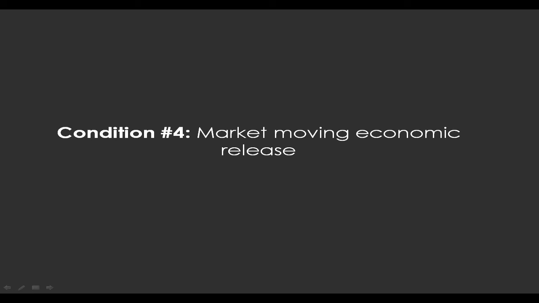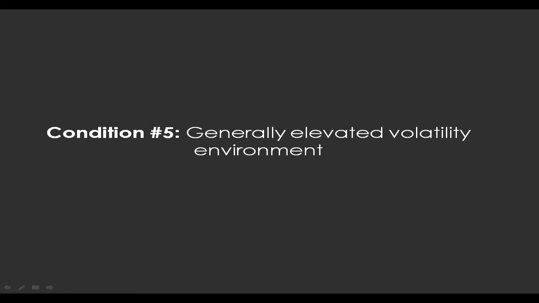All right, and then condition number 5 is whether we have a generally elevated volatility environment. Now, we also went deep into this regarding ATR, average true range. In the original training, we looked at implied volatility, which tells us too about the current volatility environment. We've also seen volume. So in general, this one's pretty easy to know if you're in it or not.